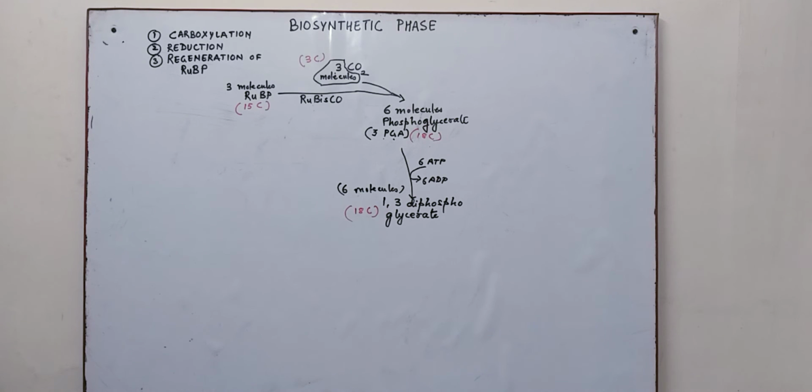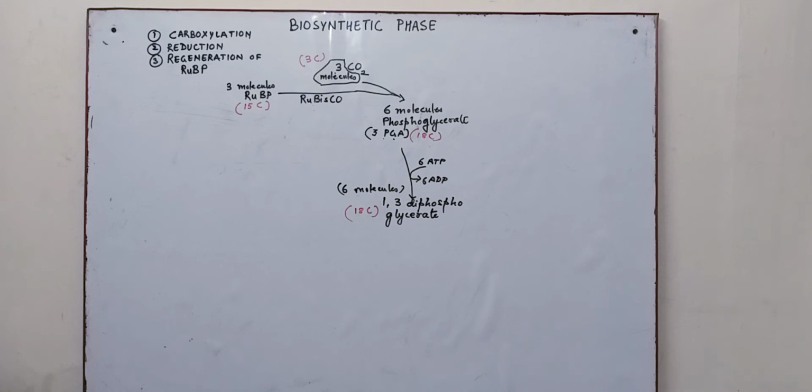Now the compound 1,3-diphosphoglycerate is the same as phosphoglycerate, but it differs in having 2 phosphates, one phosphate group attached at the first carbon and the second attached at the third carbon atom.